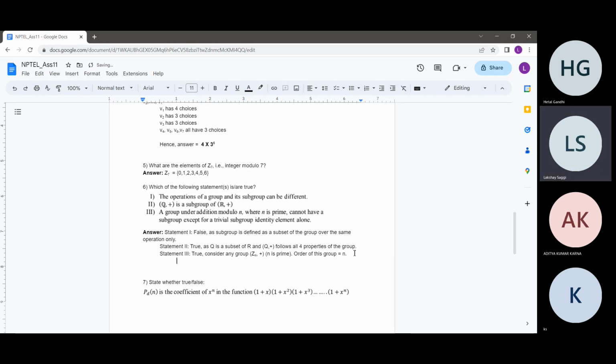So we are also given that the order of the Zn group is n, right? And now what we want to say is that this group cannot have a subgroup except for the trivial subgroup. So let's suppose there exists any other subgroup.